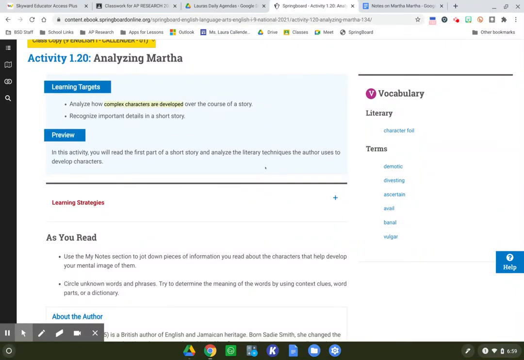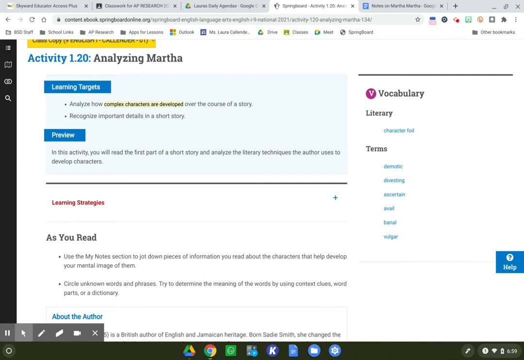So in 1.20, Analyzing Martha, this is the first half of the story, where we're going to analyze how complex characters are developed over the course of the story. So not just introduced, so they don't just exist. There are a couple of characters in here that don't really develop. They're just there.